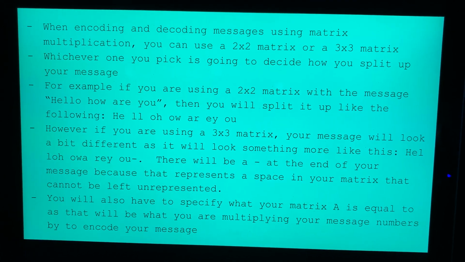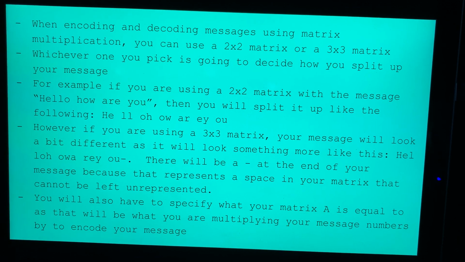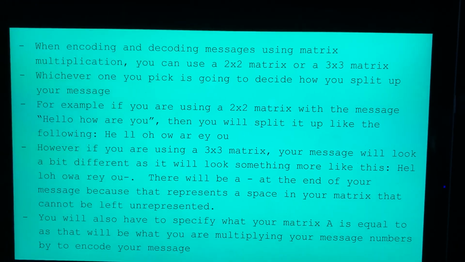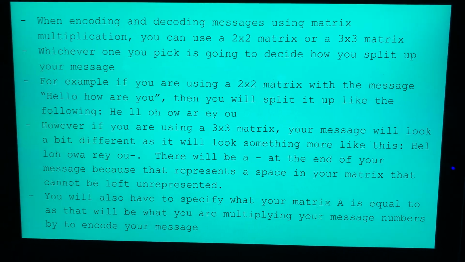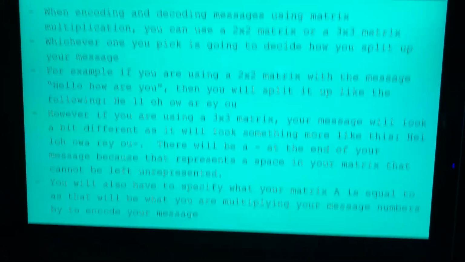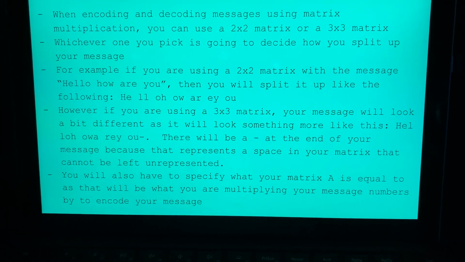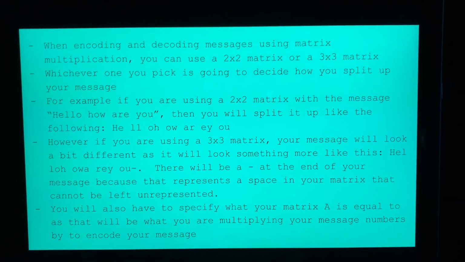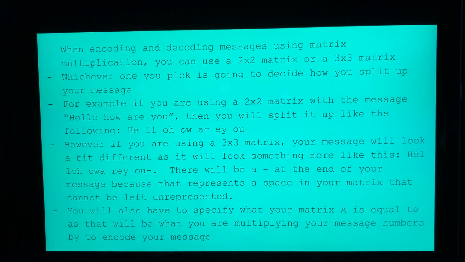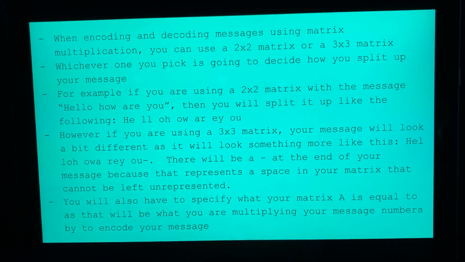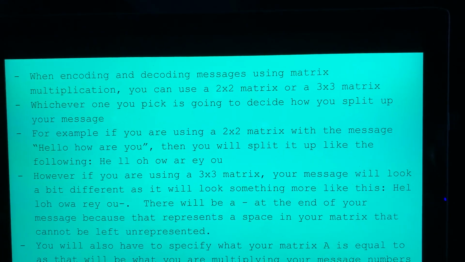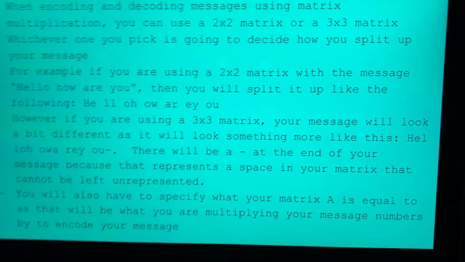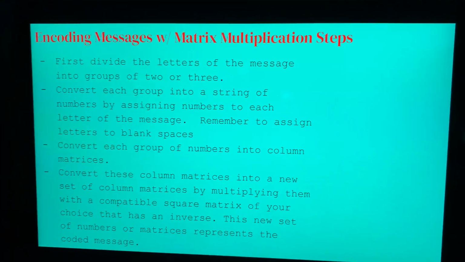The dash represents the space left in the matrix that can't be left untouched, so we just add a dash, and that's going to be the number 27. You will also have to specify what your matrix A is equal to, which is the matrix that you're going to be multiplying your message matrix by to encode it. That way people can't just read it off the chart.